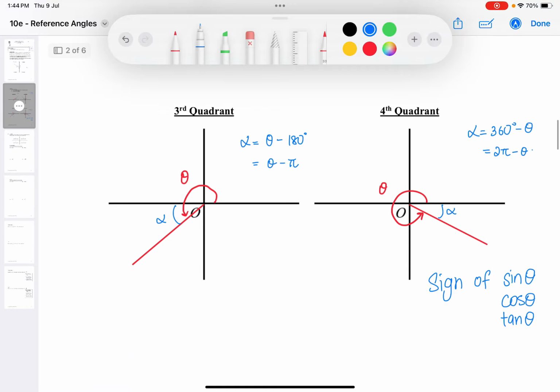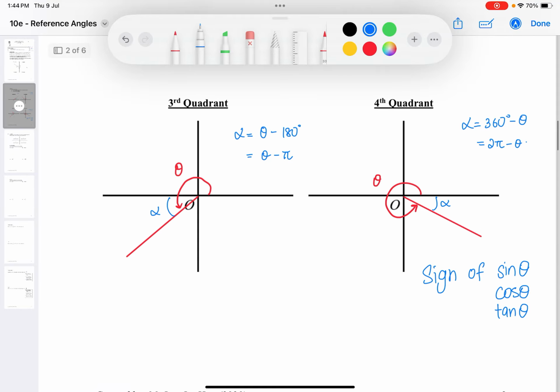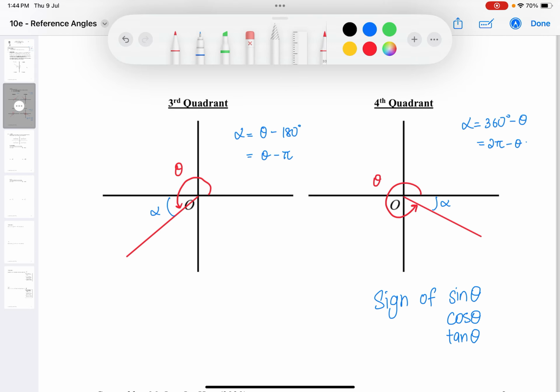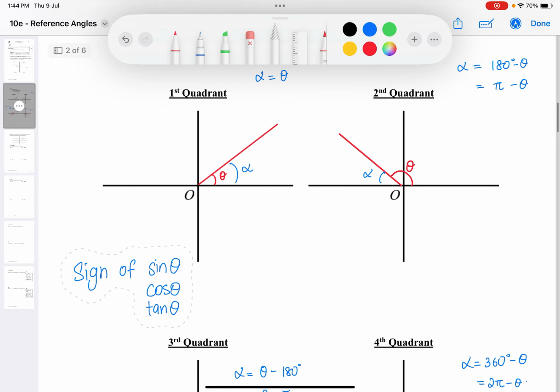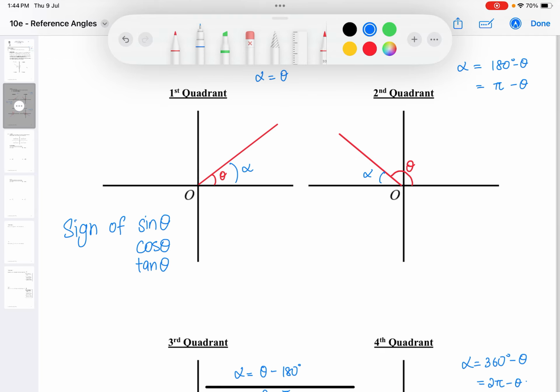Not sine as in S-I-N, but the sign, positive or negative, of sine, cosine, and tangent will change depending on the quadrant. In the first quadrant, all 3 values are positive. They are all greater than 0.